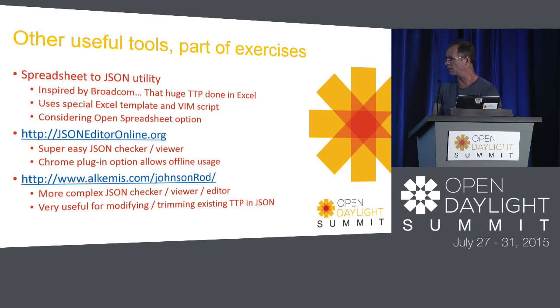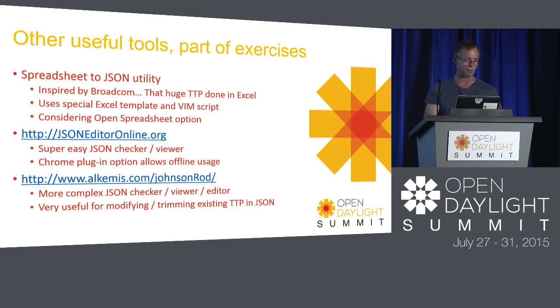As it turns out, Broadcom developed both of their TTPs, the early one, which seemed complex at the time, and then the one that they brought out last December, which is like another order of magnitude in terms of complexity. And all that was developed, they used Excel as the basis for constructing it. So it's very tabular. Of course, you can create drop-down lists and so on. Then they went through a process that converted it into JSON.